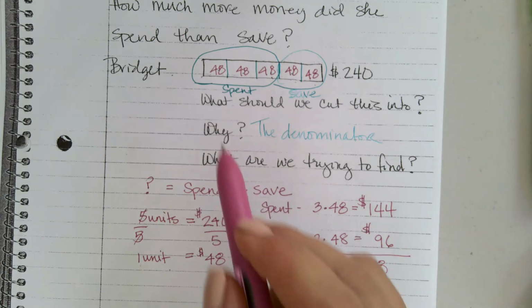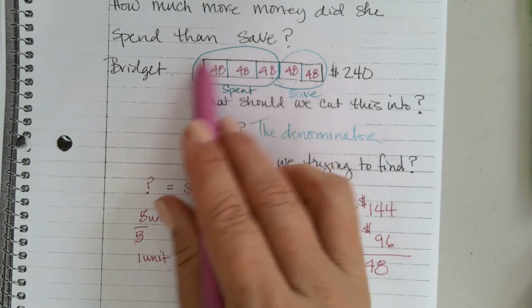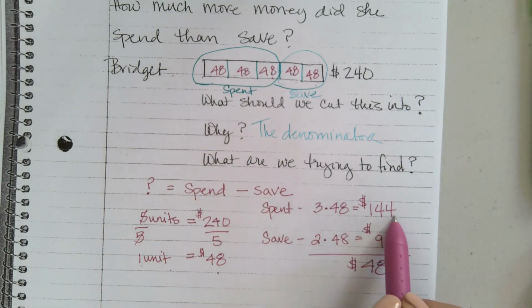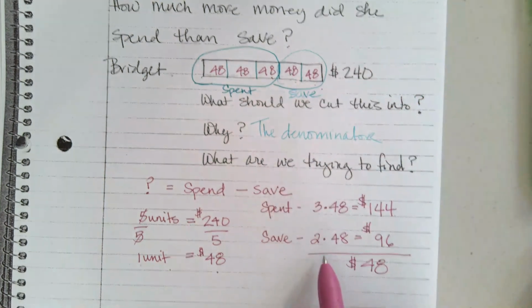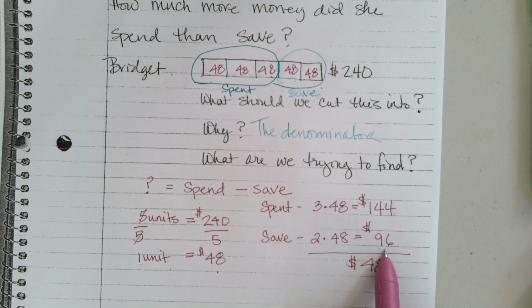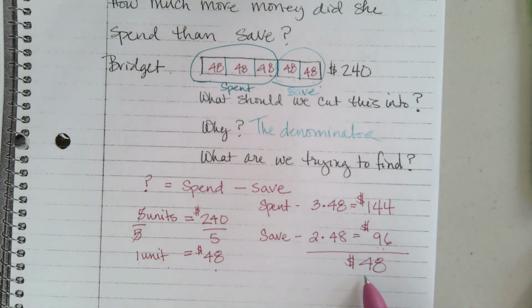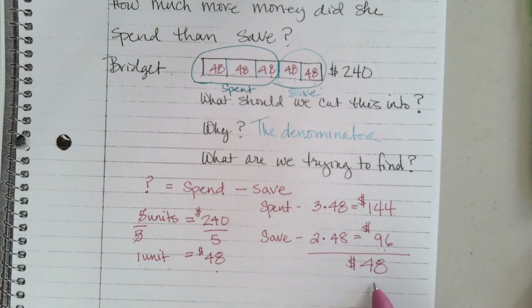So I multiplied 48 by 3 and got 144, and then multiplied by 2 to get 96, how much she saved. And the difference between how much she spent and saved is $48.